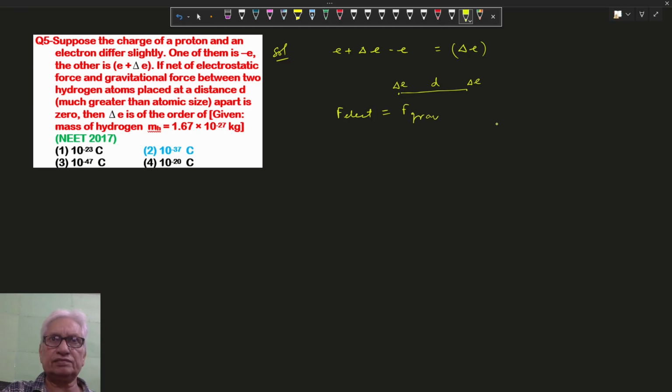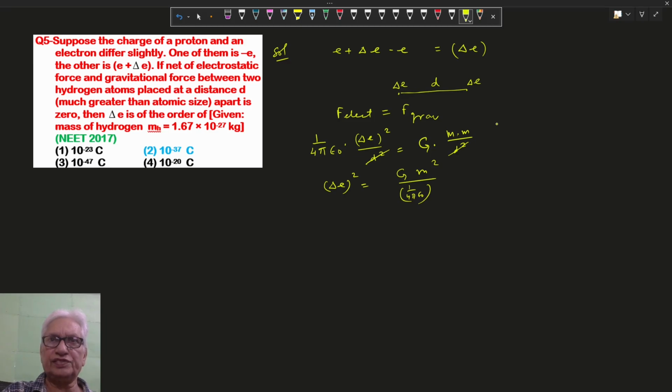Electrical force is 1 upon 4 pi epsilon naught delta e square upon d square, and gravitational force is G M1 M2, M of hydrogen atom upon d square. So this cancels out. Now delta e whole square is G M square upon 1 upon 4 pi epsilon naught.